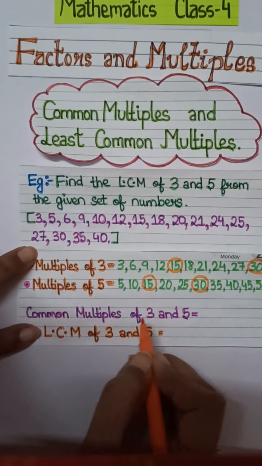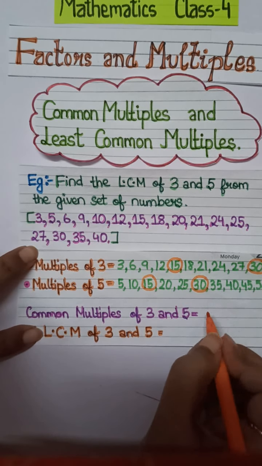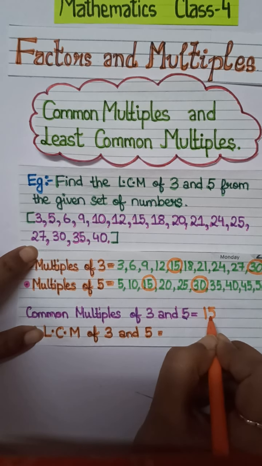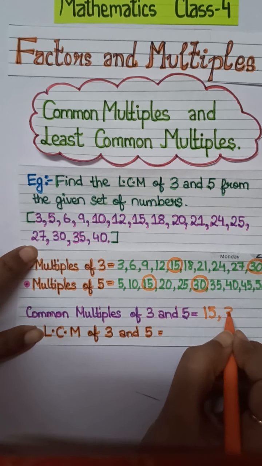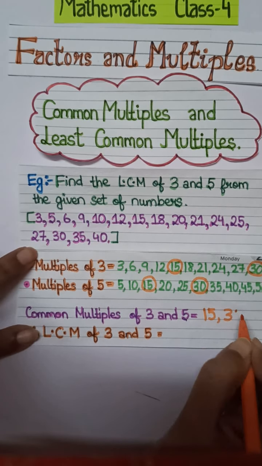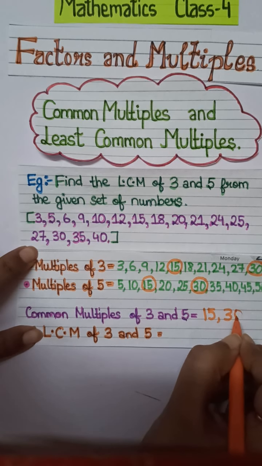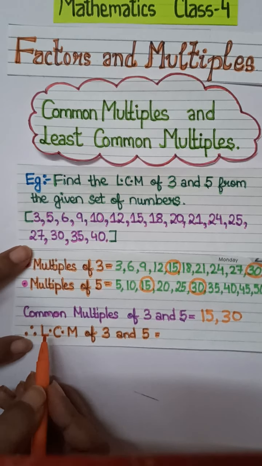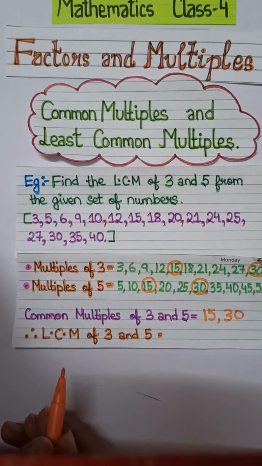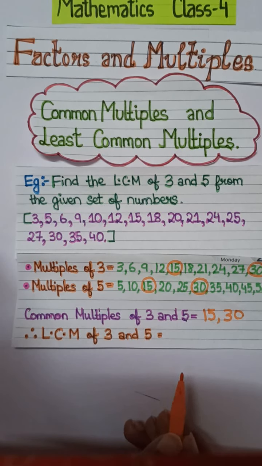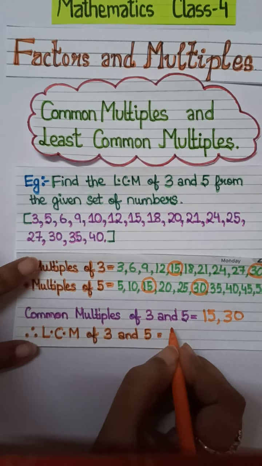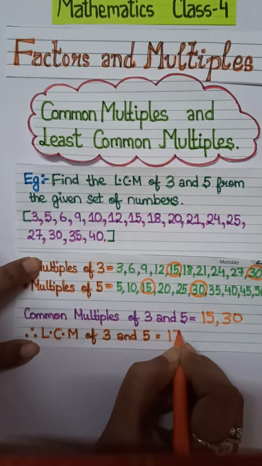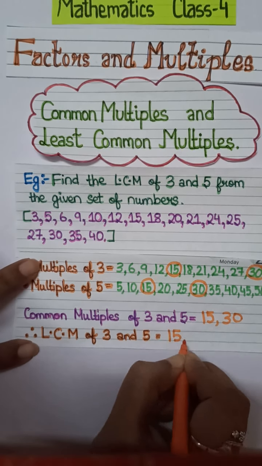Therefore, common multiples of 3 and 5 are 15 and 30. And the LCM or the least common multiple of 3 and 5 is 15.